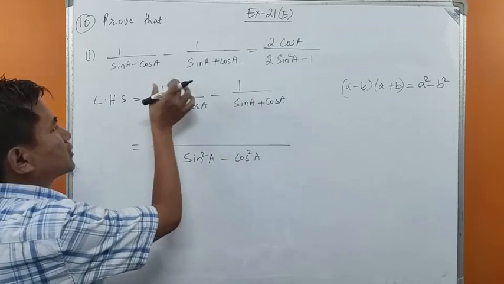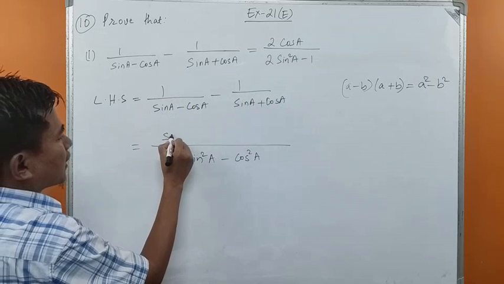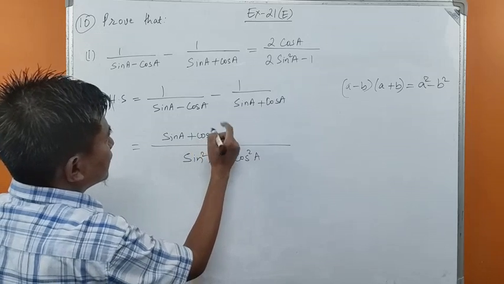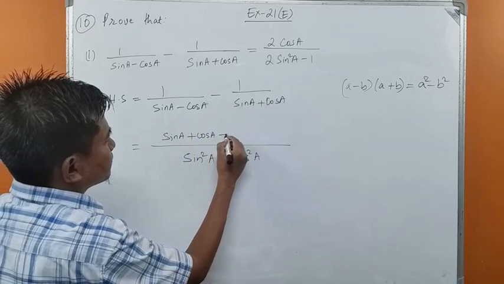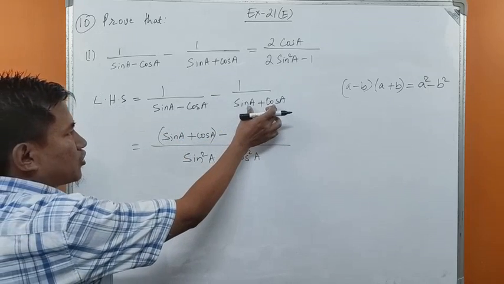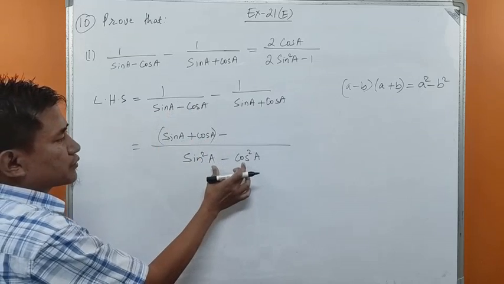So sin A plus cos A into 1 sin A plus cos A. Okay, so now minus sign comes here. Okay, now sin A plus cos A into sin A minus cos A gives us this number.